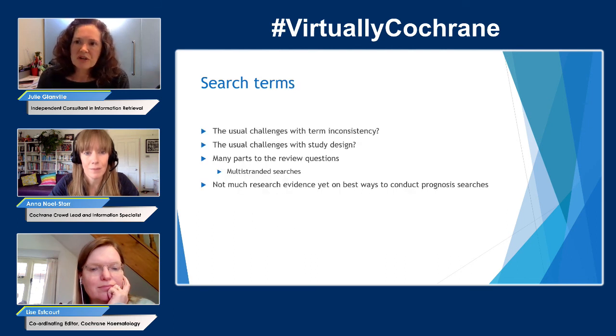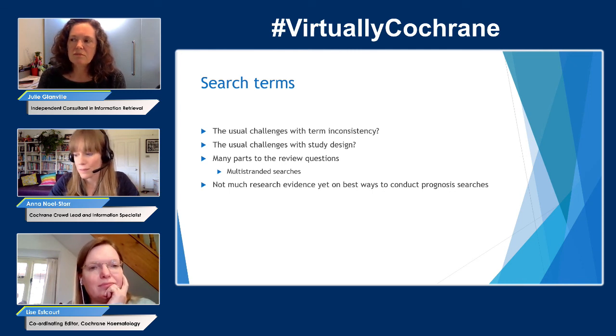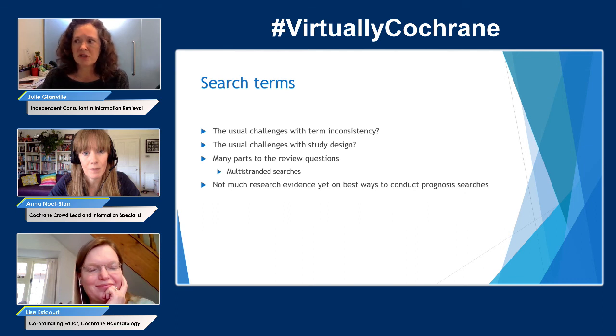With search terms, we face the usual challenges with term inconsistency. I think we have probably even more challenges in terms of term inconsistency for prognosis studies. And we clearly have all sorts of challenges with finding some of the study designs, because the study design terminology is not standardized either.